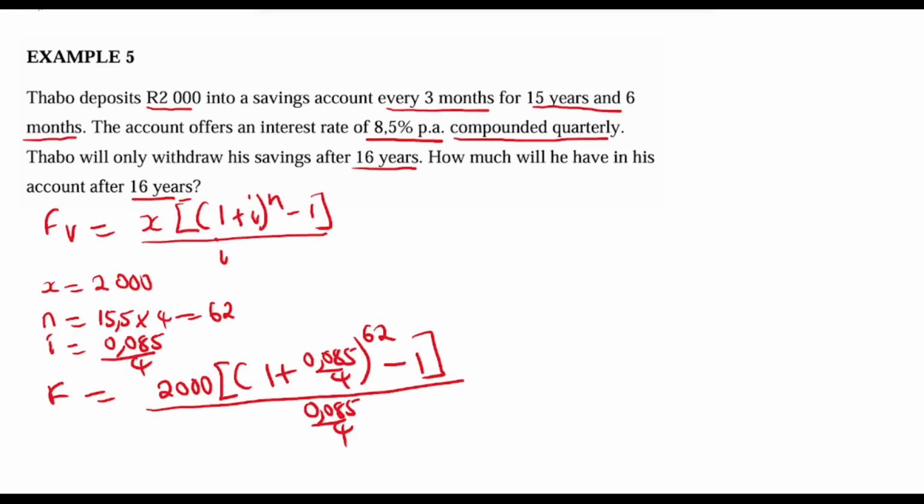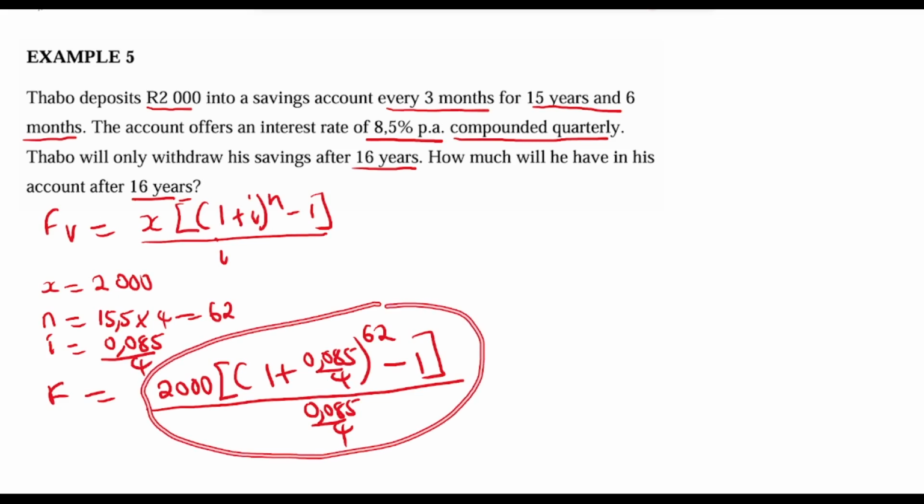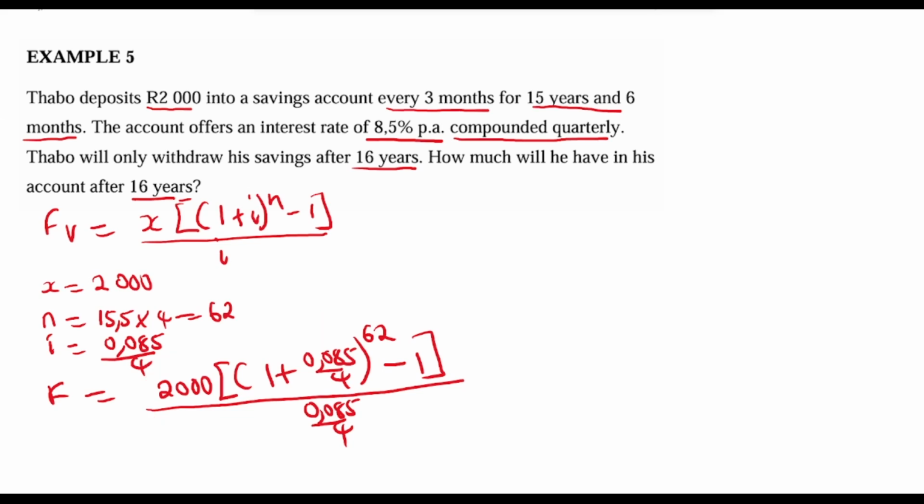We just put this whole thing in the calculator as it is. Don't change anything. You'll get that your future value is equal to 252,506 rand, then 4961. Let's not round off because we haven't finished the calculation.